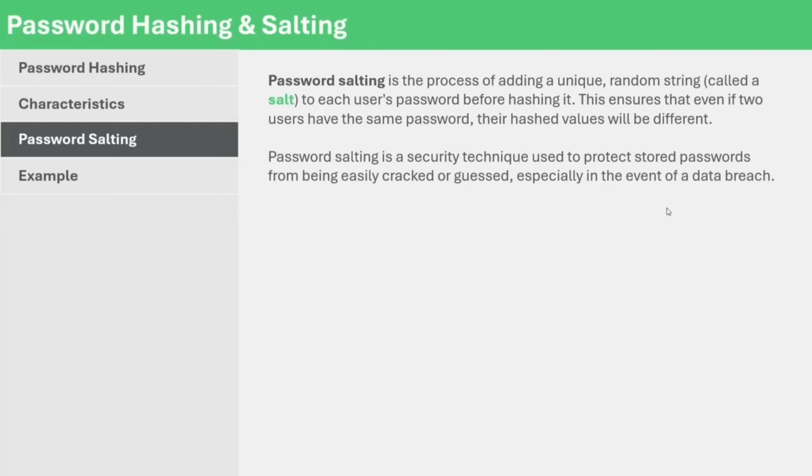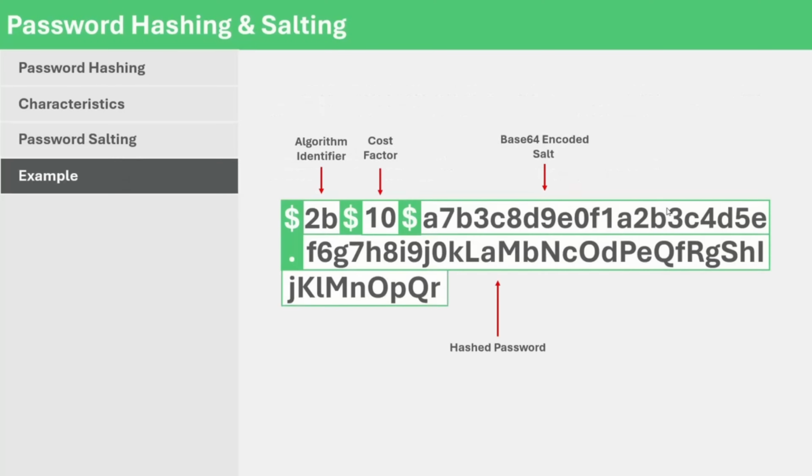And a hashed password with a salt added to it looks something like this. When we hash a password by adding salt to it, it generates a string and this string value has all the information that we need when we want to compare the plain password with the hashed password.